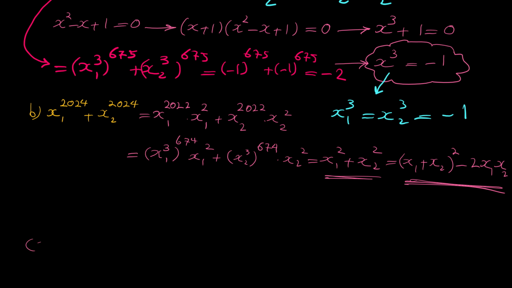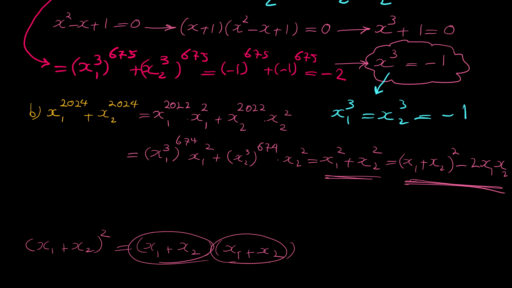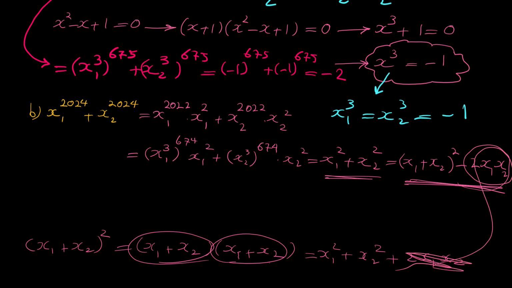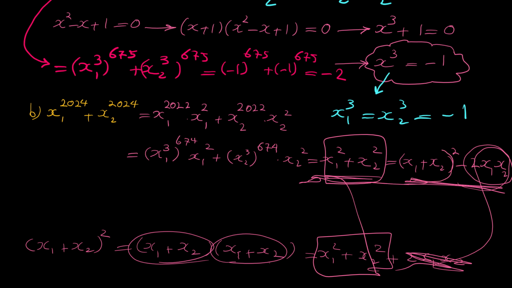Because if you pay attention, x1 plus x2 to the power of 2 is x1 plus x2 times x1 plus x2. If you multiply this bracket by this bracket, it would be x1 to the 2 plus x2 to the 2 plus 2x1 x2. Simply you can check this by yourself. When we subtract 2x1 x2, this cancels and this remains. So it is true that this equals this sum to the 2 minus 2x1 x2.